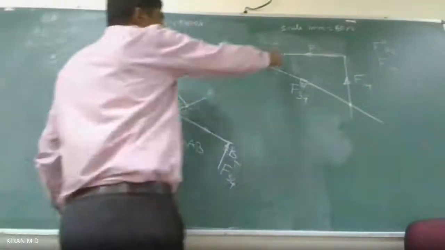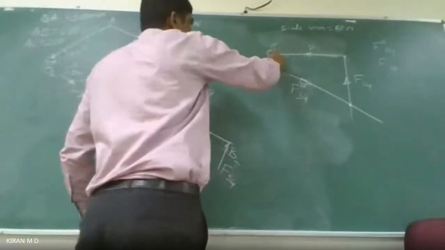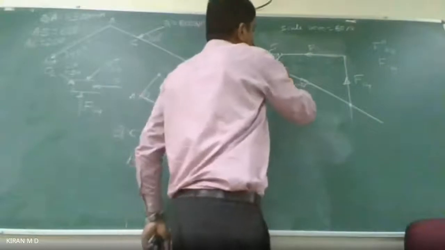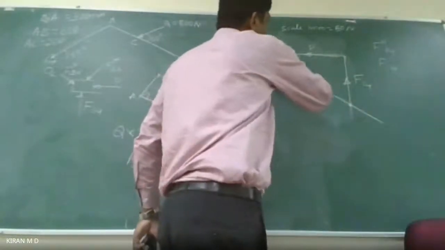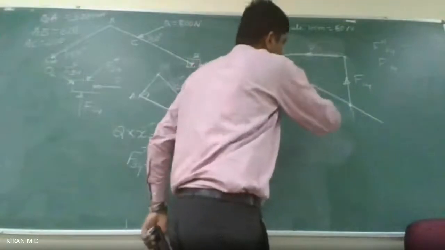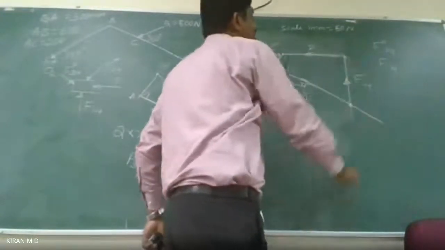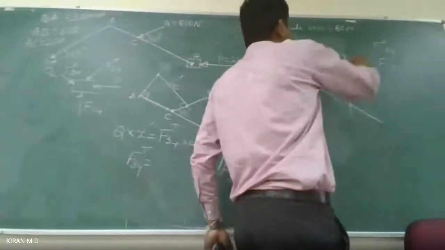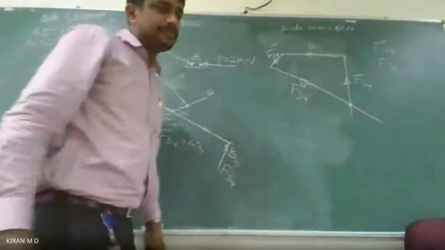We know this is perpendicular to the connecting rod, so you draw in the same direction. You know this length, but you don't know the length of N34, just the direction. You draw the line. The normal force also you know the direction, so you draw the line. You will get an intersection point. From that you measure F14 and F34.